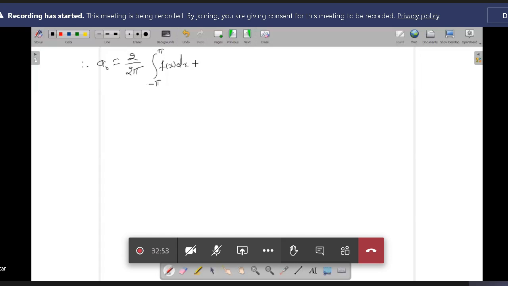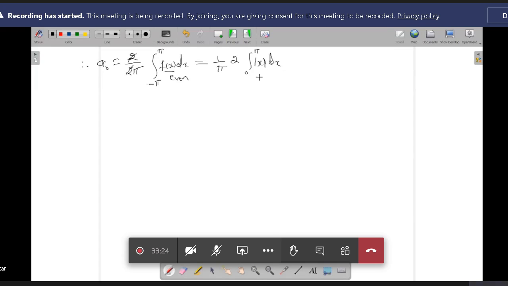So that is again, 2 cancelled, that is 1 by pi, and f of x is an even function, so I can put 2 times integration from 0 to pi of f of x, where f of x is mod x, into dx.